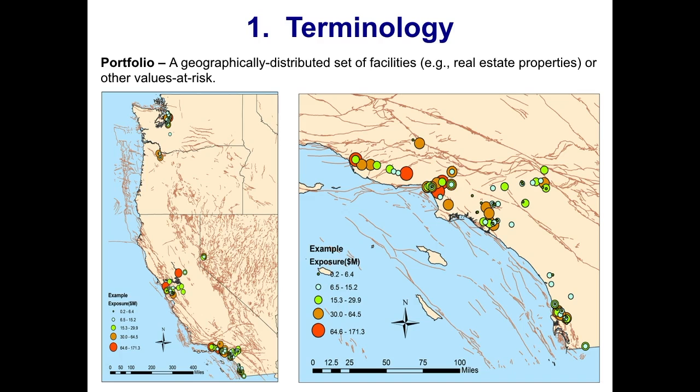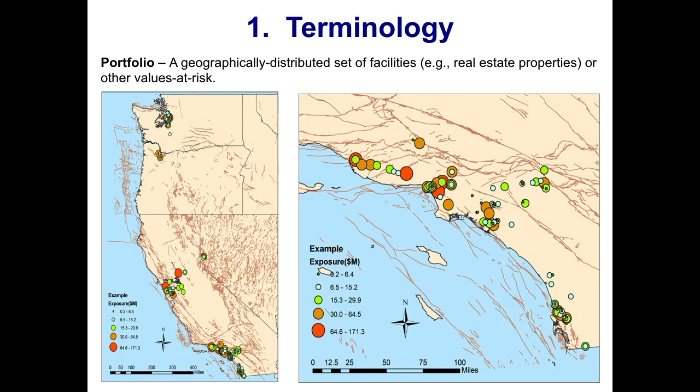So what we show here is a typical large portfolio that's distributed along the West Coast. It's in San Diego and Los Angeles and the Bay Area, with some additional assets in Nevada and the Reno area, as well as Portland and Seattle in the Pacific Northwest.